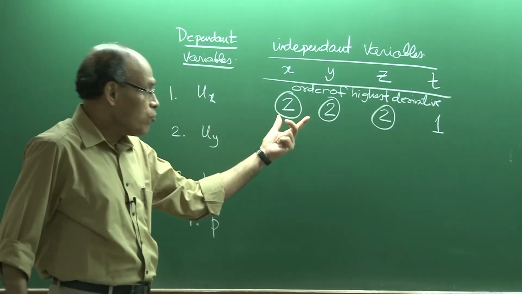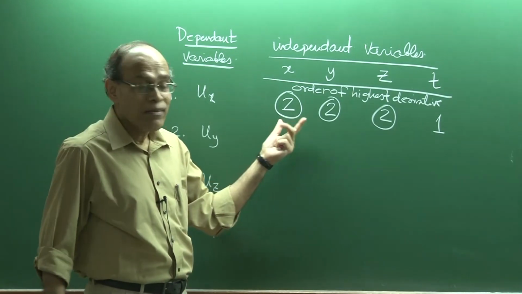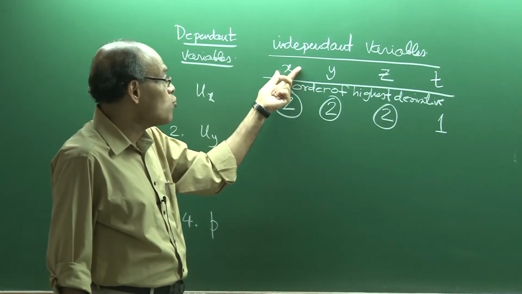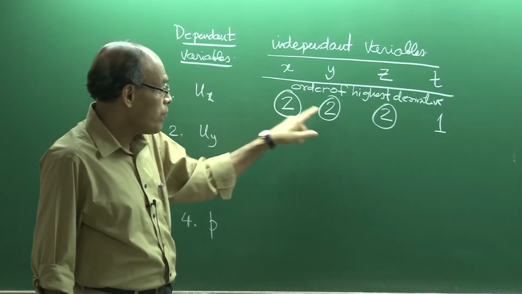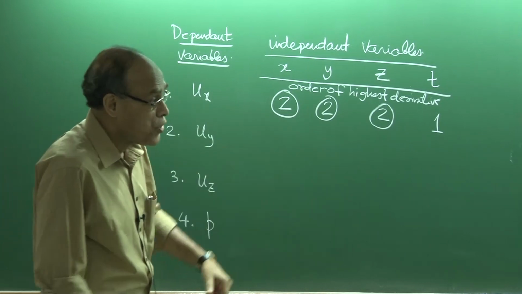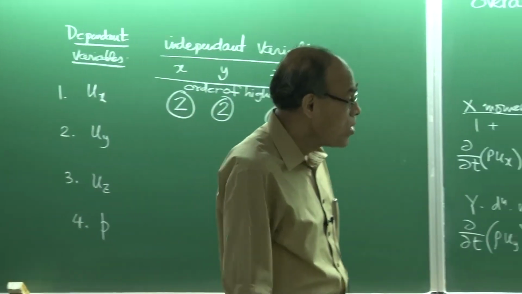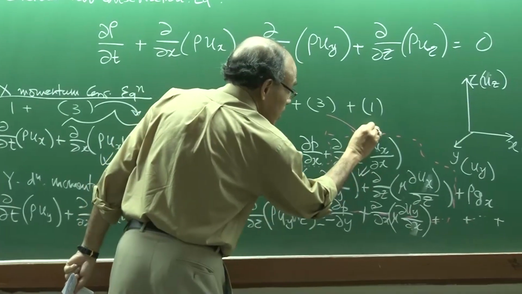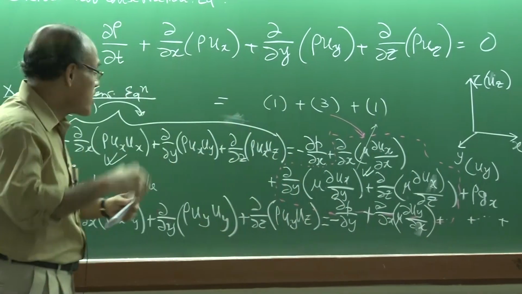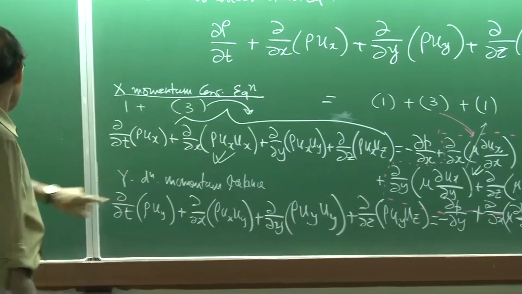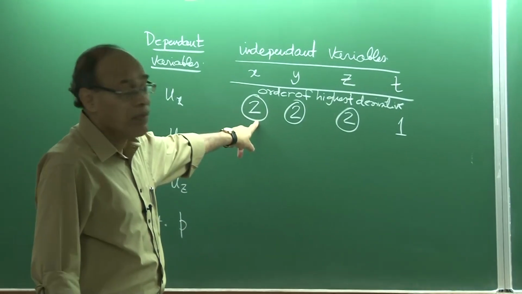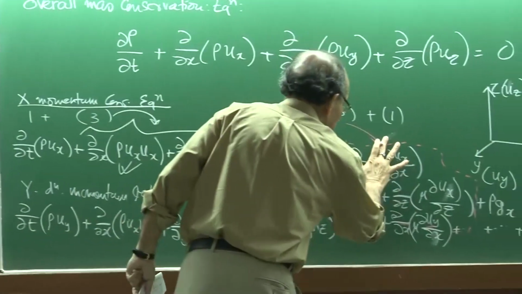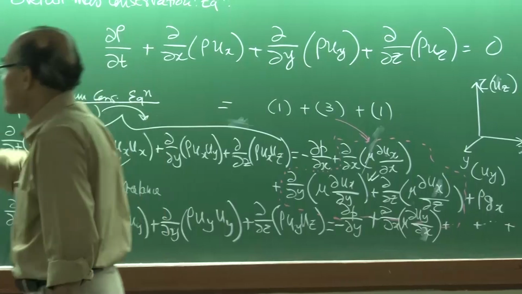I would like you to note that these are space coordinates. As I have explained, they are two-way coordinates. So, we have two boundary conditions each, but there will be a class of problems where we do simplifications and see that this term may be 0, this term may be non-existent, and then the highest order of derivative along x would be 1, and I would write 1. But for a complete 3-dimensional problem where no simplification is applied, this represents 2.